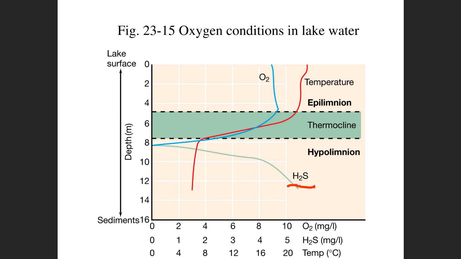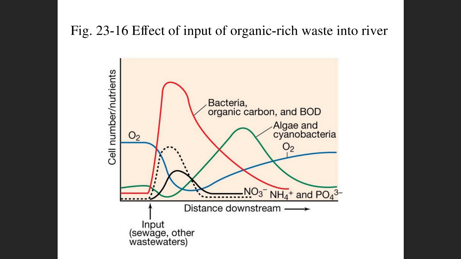Now, if you have a river, the river will have a high concentration of oxygen, but when the Bronx River runs into a sewage treatment plant and the sewage comes out into the river, lots of bacteria get released, and organic carbon will increase.